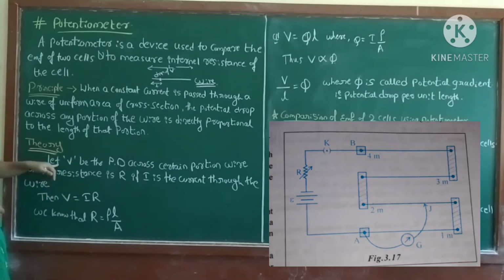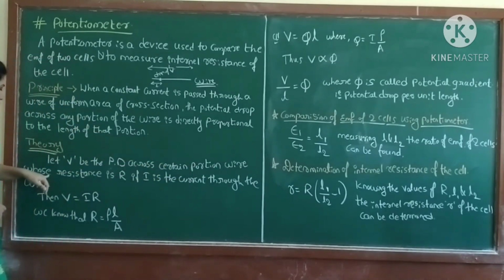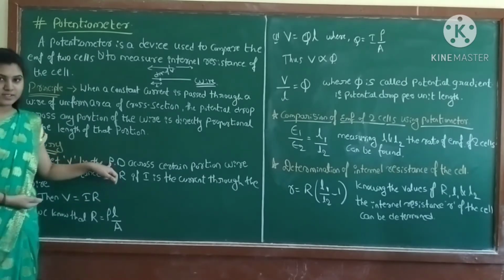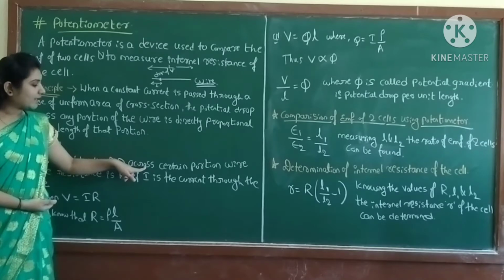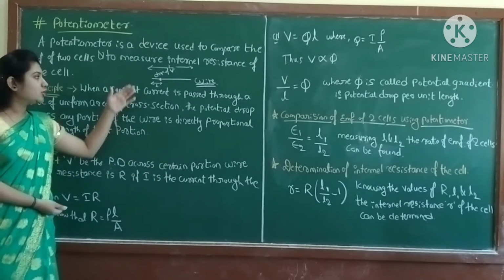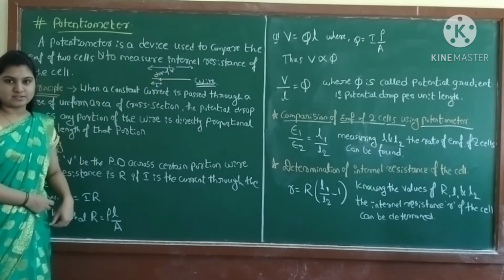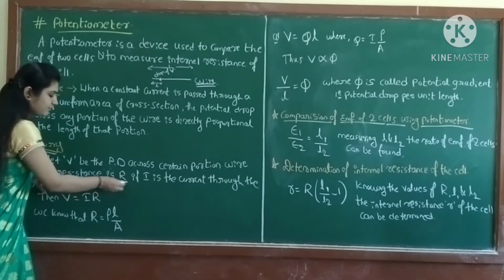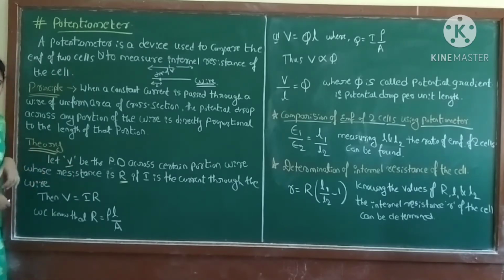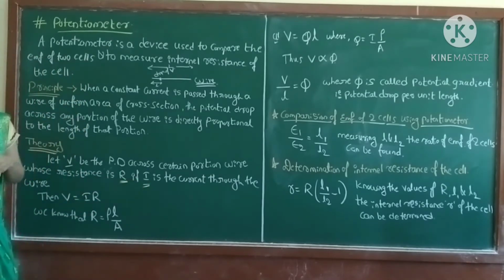So let V be the potential difference across a certain portion of wire whose resistance is R. V will be the potential difference, R be the resistance, and I is the current passing through that material.